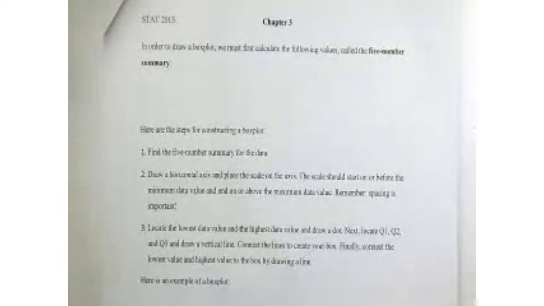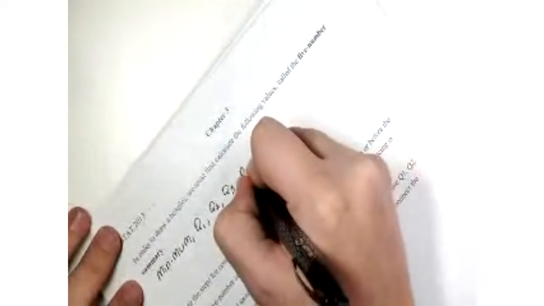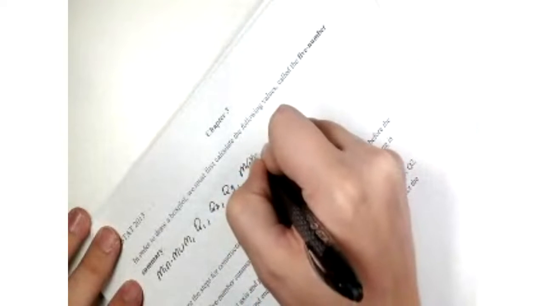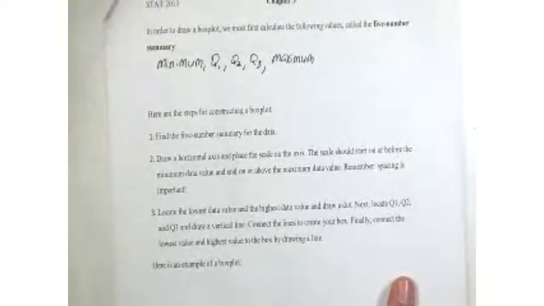The 5-number summary is the minimum, the first quartile, the second quartile, the third quartile, and what do you think the last one is? The maximum. Those are the 5 numbers you need to create a box plot.